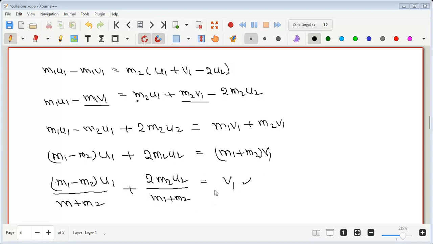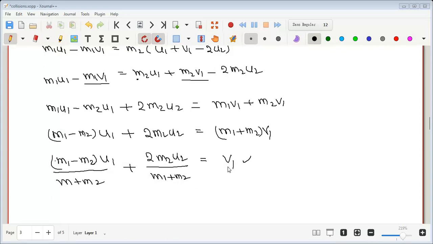This is the final velocity of the first body v1 after collision.